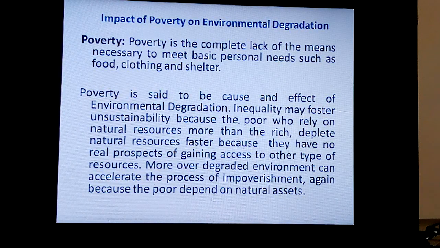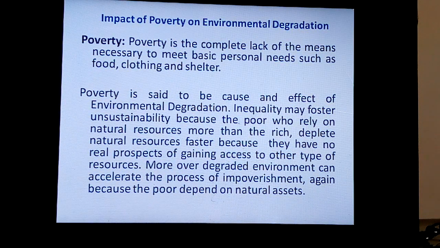Inequality may foster unsustainability because the poor, who rely on natural resources more than the rich, deplete natural resources faster because they have no real prospects of gaining access to other types of resources.